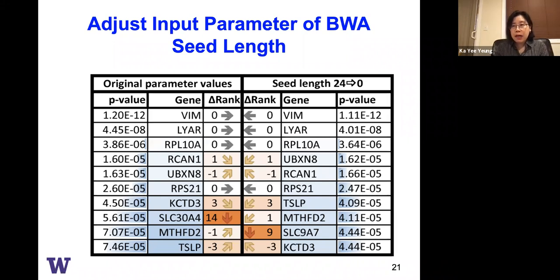Because typically biological interpretations are made using the top differentially expressed genes, what we illustrated here is that by changing the input alignment parameters, we could change the list of differentially expressed genes, and therefore potentially change the biological interpretation of the results.